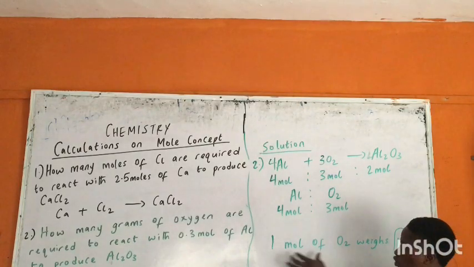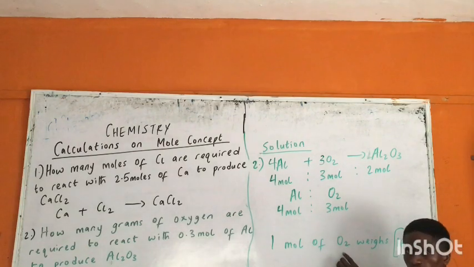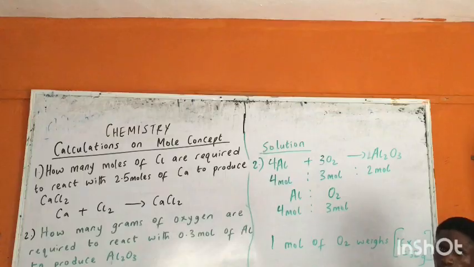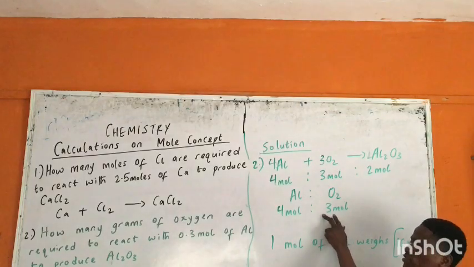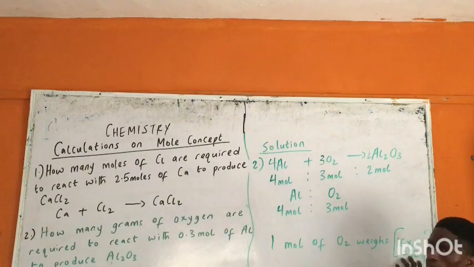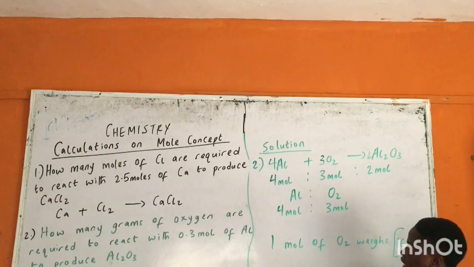Now, 1 mole of oxygen molecule weighs what? 32 grams. Now, we are having 3 moles here. If 1 mole weighs 32 grams, now 3 moles will weigh what?